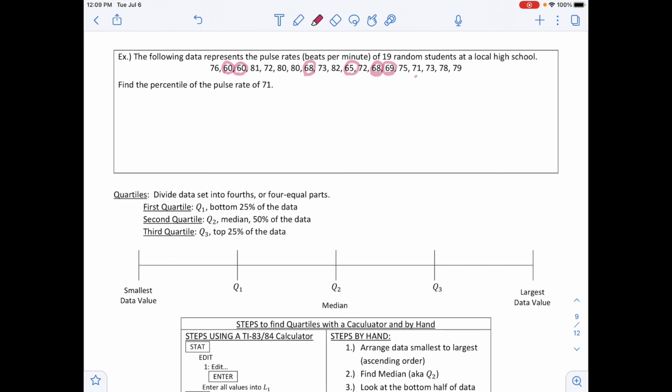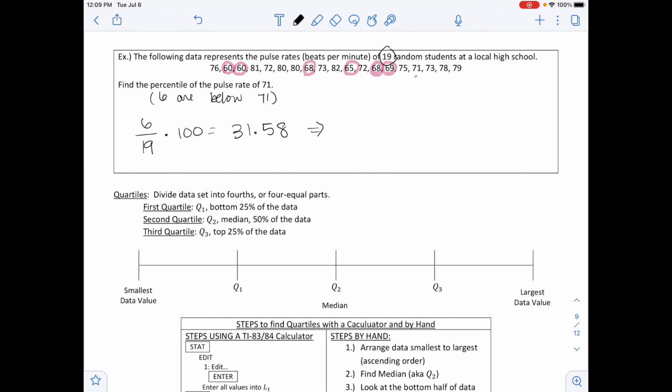And so we have a total of 6 that are below 71. Again, we do not count 71. For percentiles, it is less than, back in the definition. So we're going to take 6, which is the number that we have, divided by our total number, which again is 19 students, and then times 100% to get 31.58.